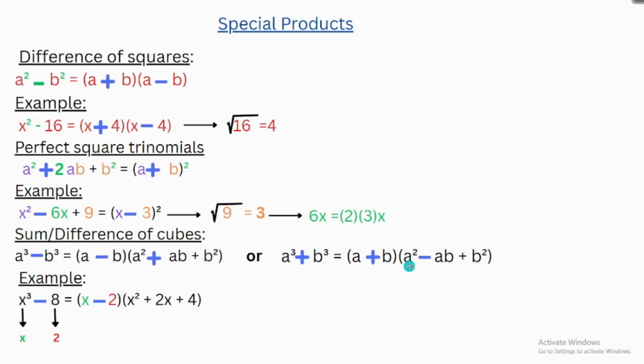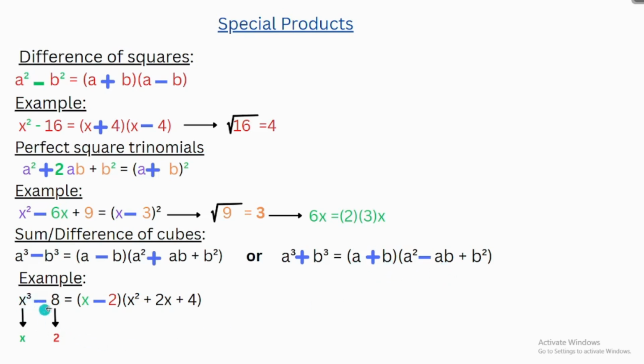The first and the third are always positive, and the second depends on the sign inside the brackets. So this is square, this is square, this is positive.